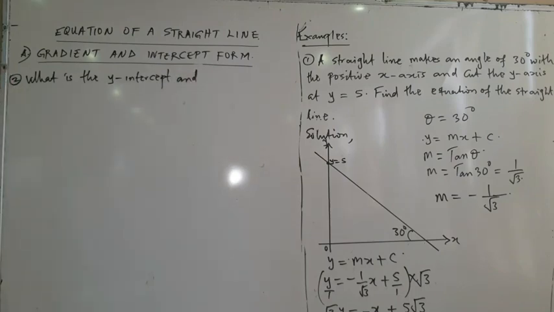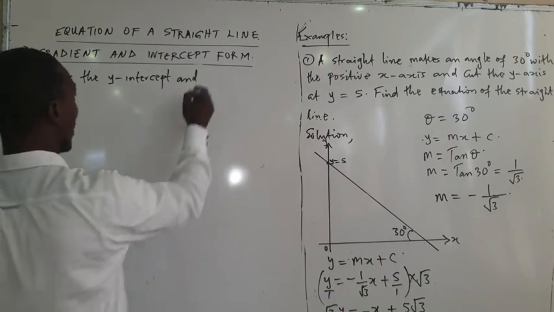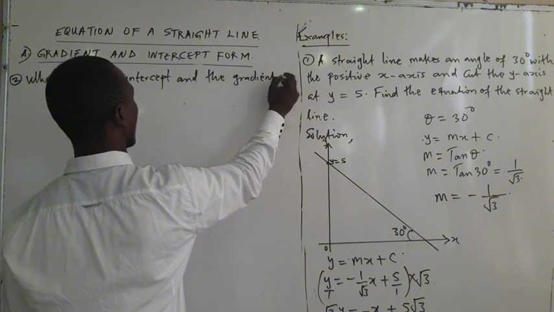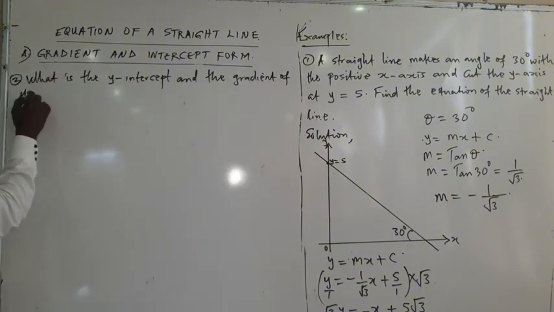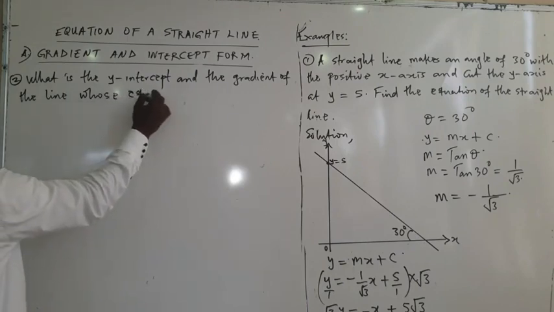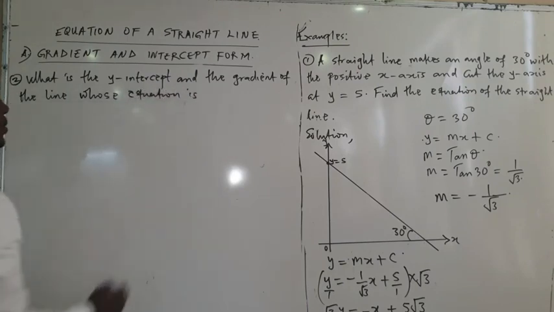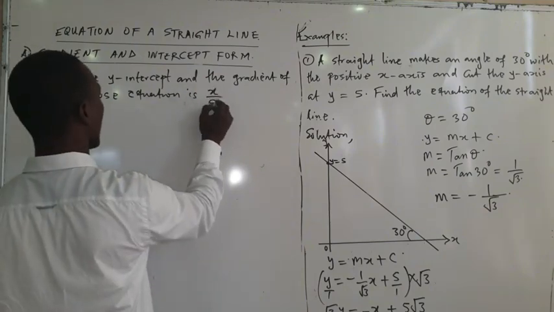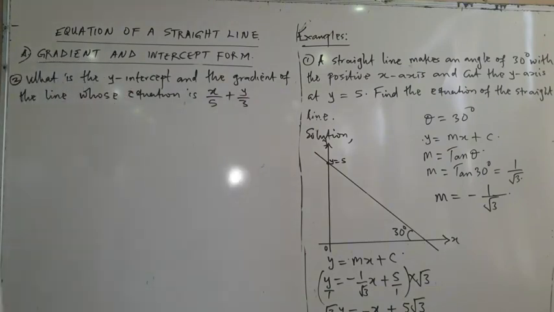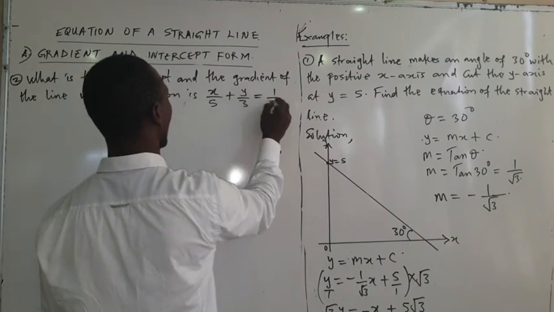What is the y-intercept and the gradient of the line whose equation is x over 5 plus y over 3 equals 1 over 3?